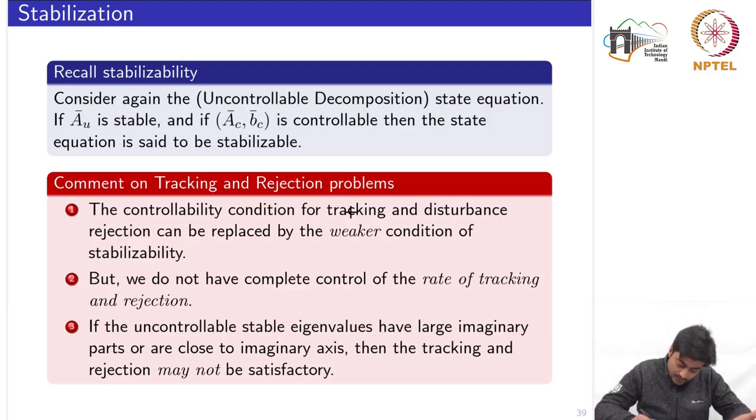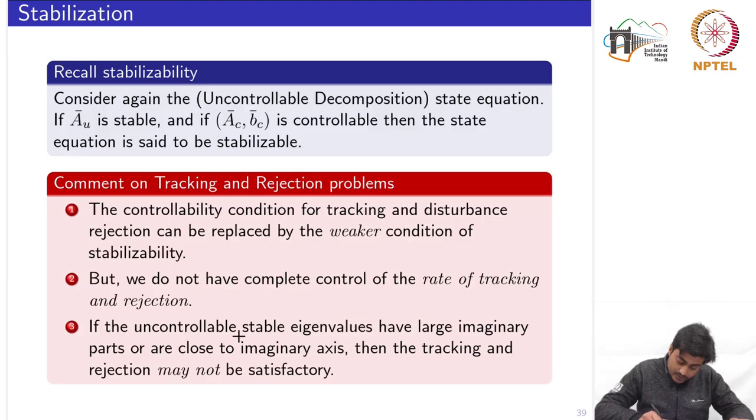But we need to take care of two main things. When the system is controllable, we have complete control over placing the eigenvalues. But with this weaker condition, we do not have complete control on the rate of tracking and rejection, which is basically linked to the placing of eigenvalues.